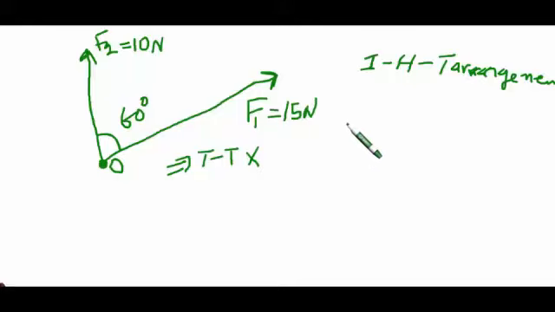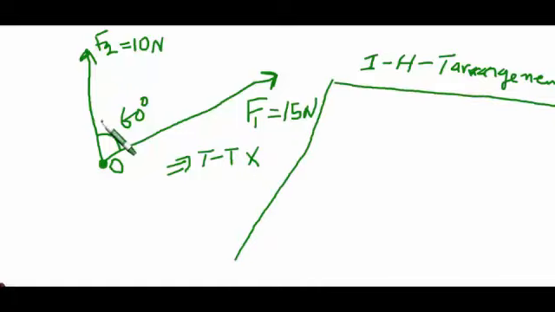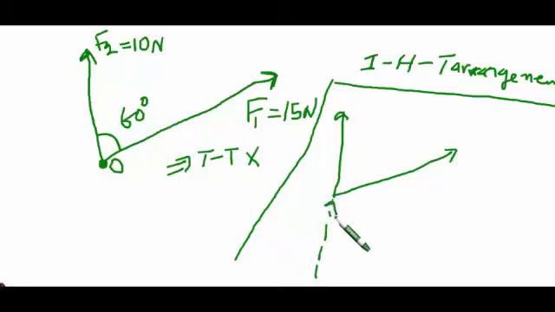So the resultant can be obtained this way. Let's move the forces here. Okay, let's say they are here. Then we have to pull down our 10 Newton here so that this 10 is now here.